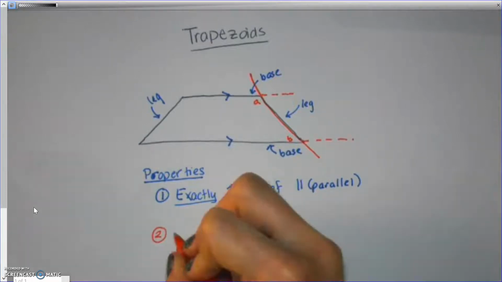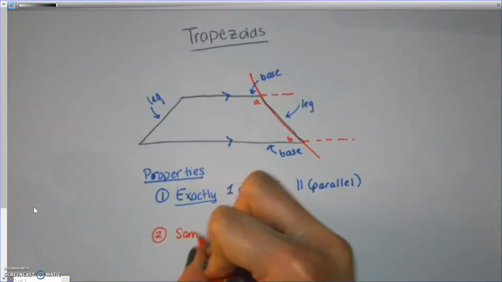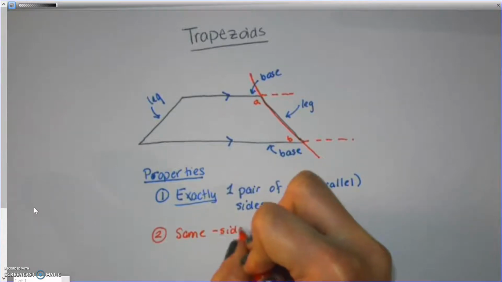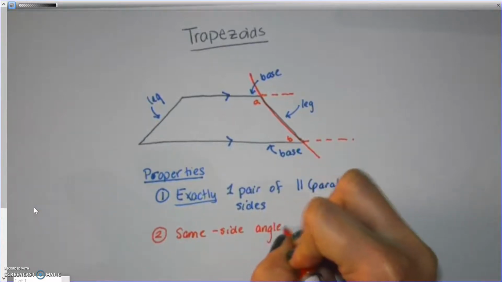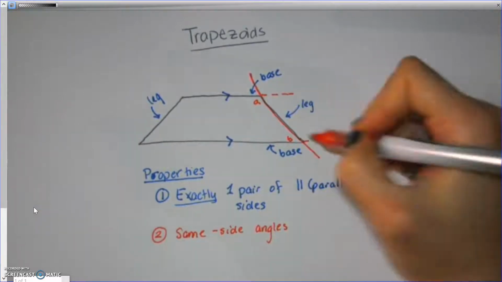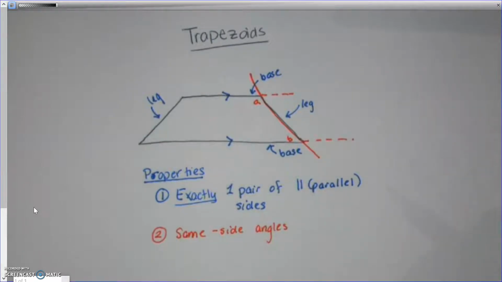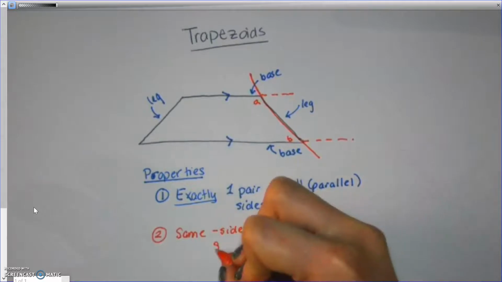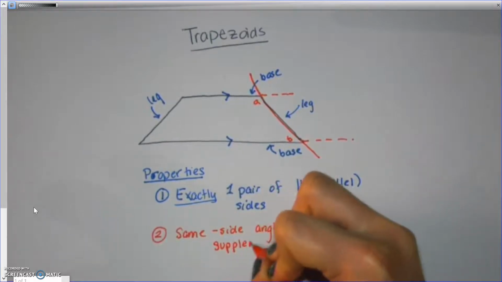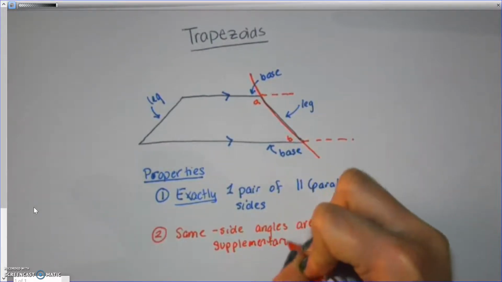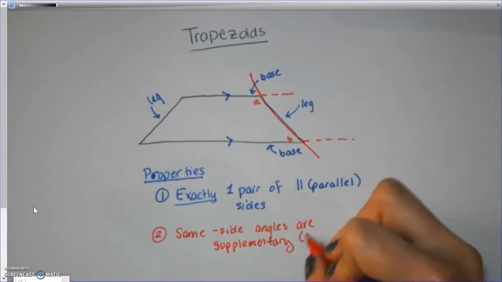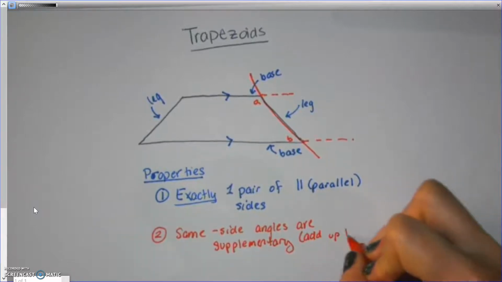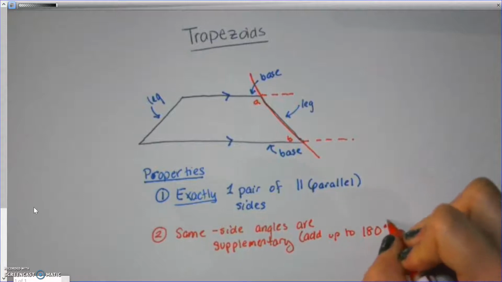So we could say that the same side angles, well, what do we know about same side angles in parallel lines cut by a transversal? They are supplementary, which means that they add up to 180 degrees.